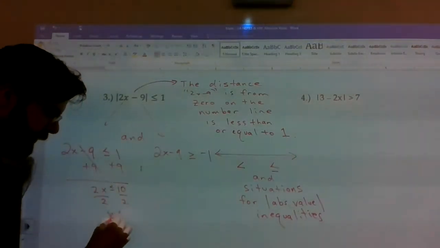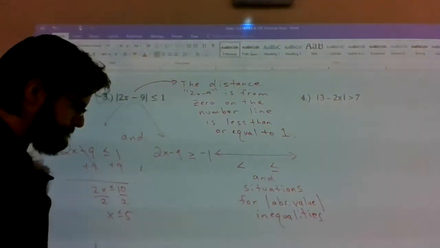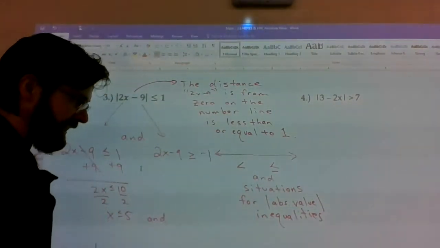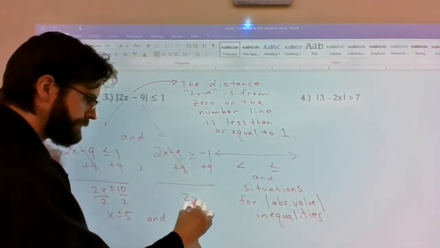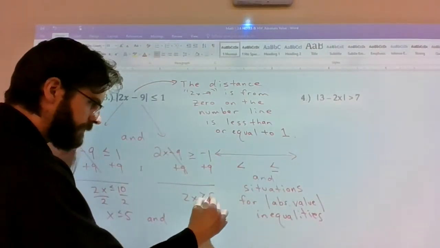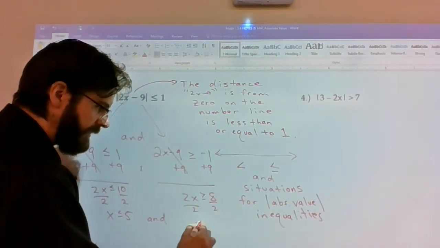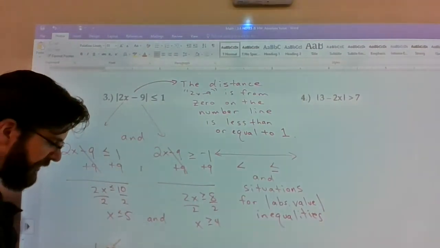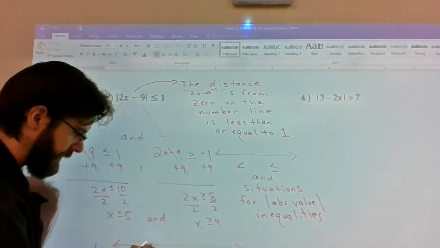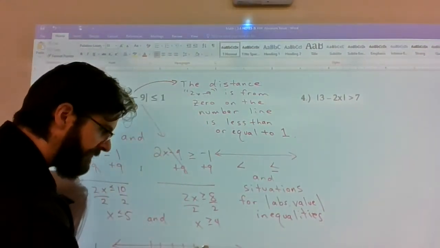X is less than or equal to 5. That's the first part. The second part, x is greater than or equal to 4. So if we think about what that graph would look like, 1, 2, 3, 4, 5, 6.